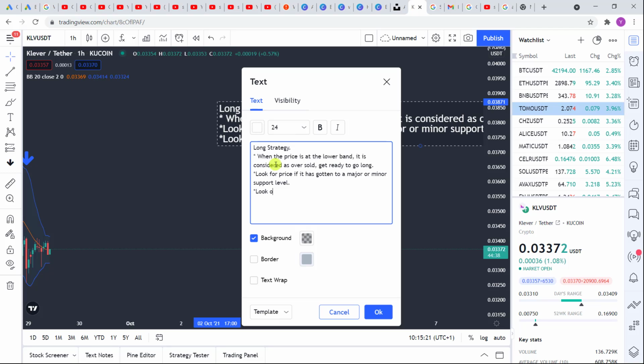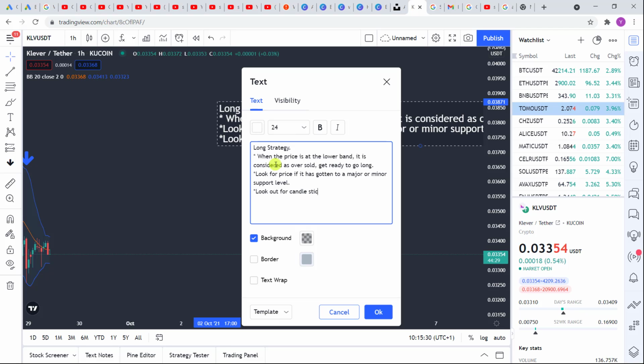Look out for candlestick formation or pattern to confirm your entry point.